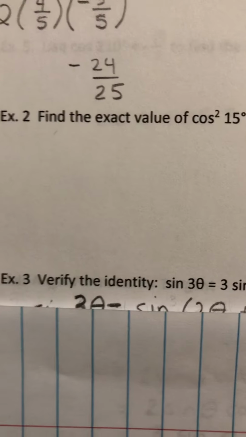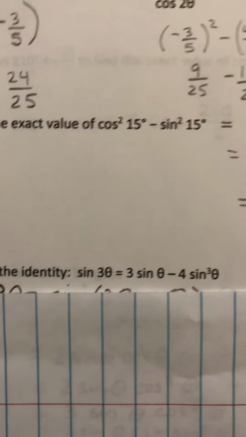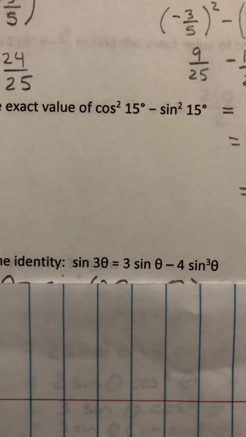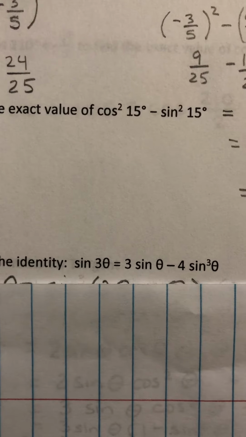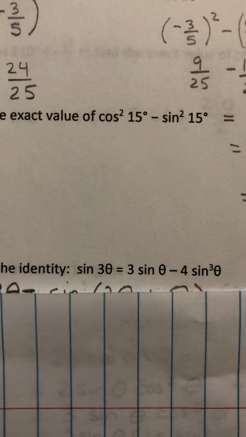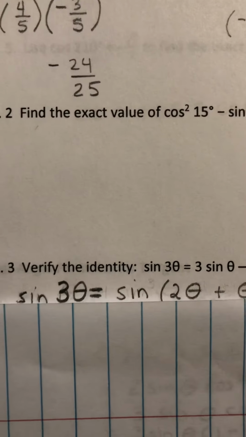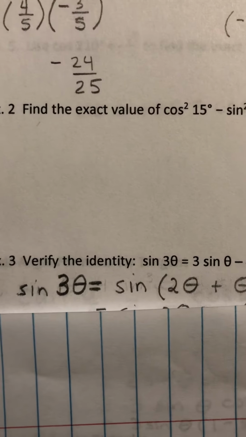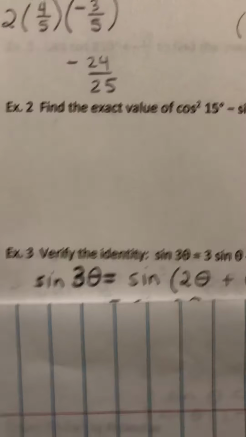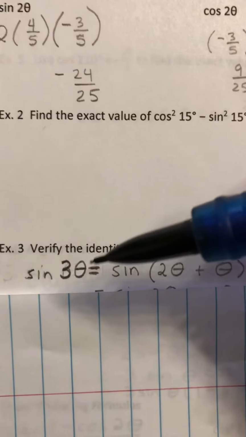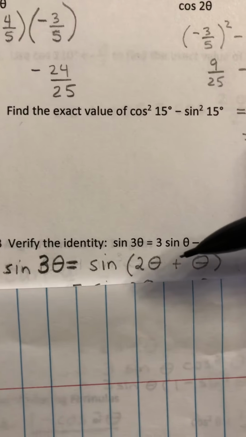To verify an identity, sine of 3 theta equals 3 times the sine of theta minus 4 times the sine cubed of theta. First, I'm going to write the left side of the identity. That's what we always do when we verify it. Rewrite it. Then I'm going to break up 3 theta into 2 theta plus theta.